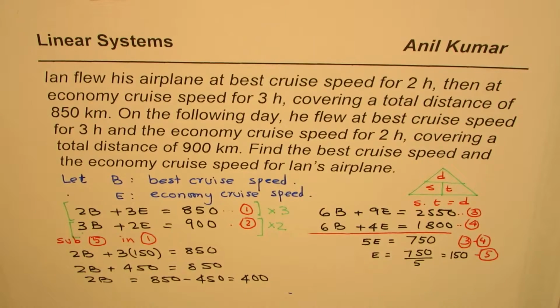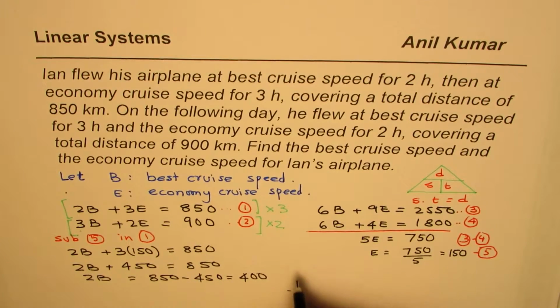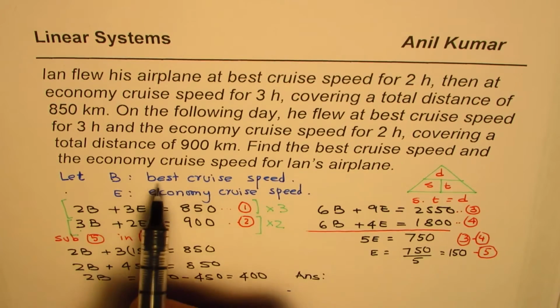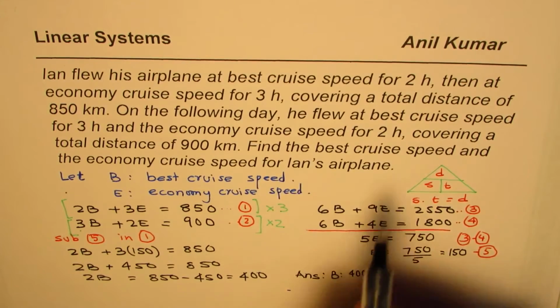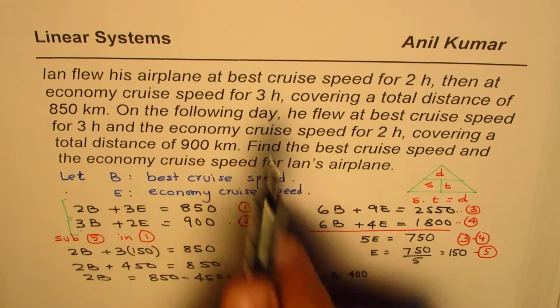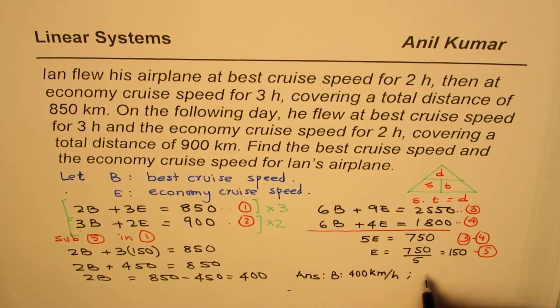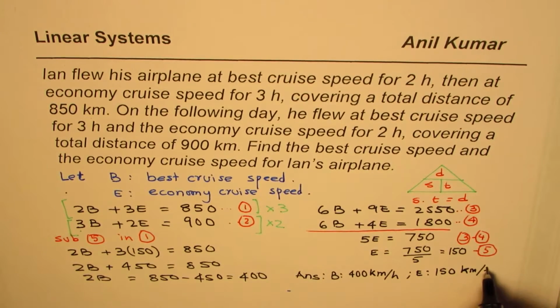So we get the value of B also, which is 400. Now you should write down the answer with units. So B, the best cruise speed, is 400 kilometers per hour, right? And the economy speed E is 150 kilometers per hour, right?